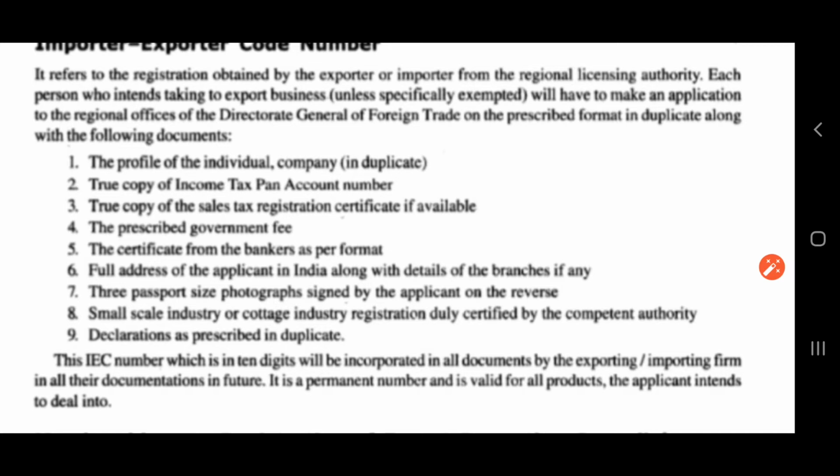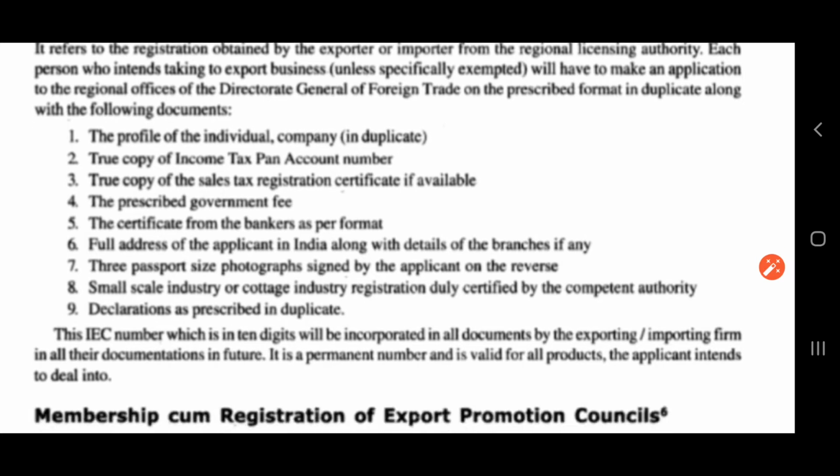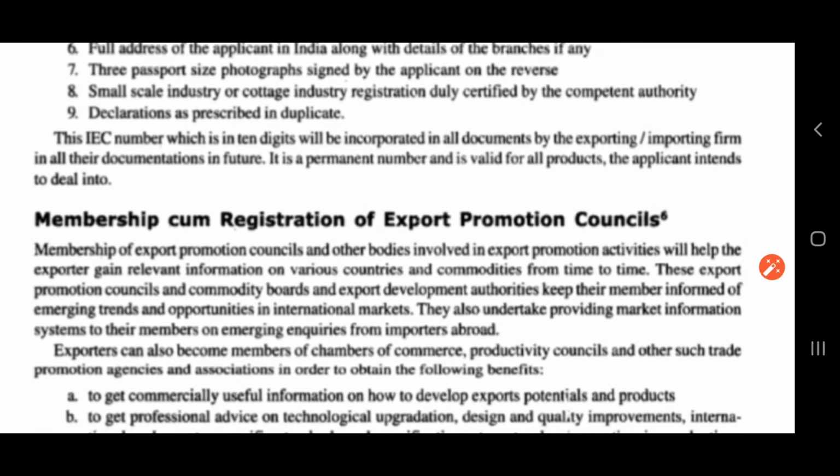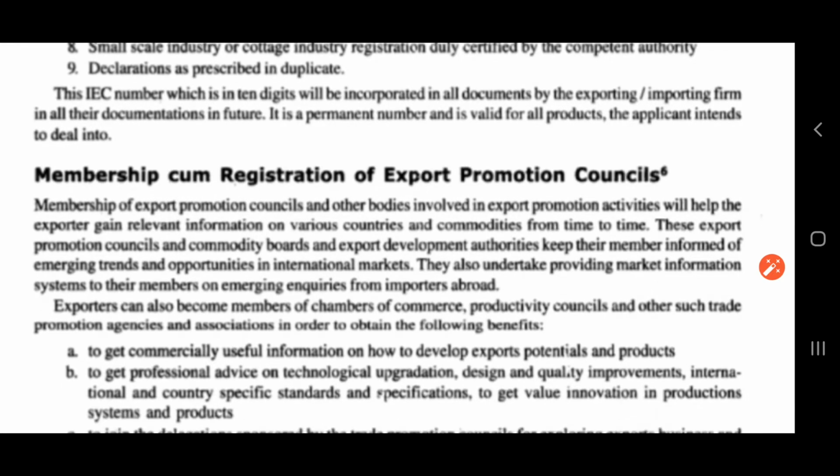This 10-digit IEC number will be there in all documents that the company submits for imports or exports. On every document this IEC number should be there. That is why I told you that without this number the organization cannot move forward in exports. The IEC number is a permanent number.